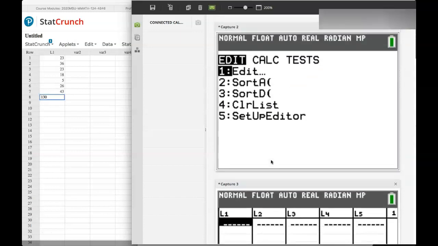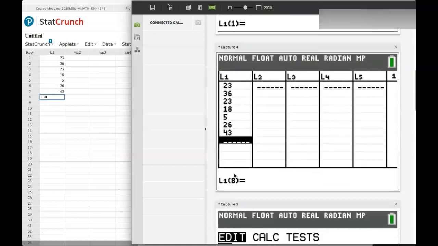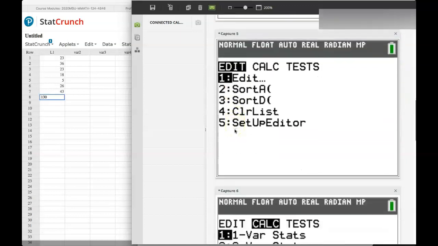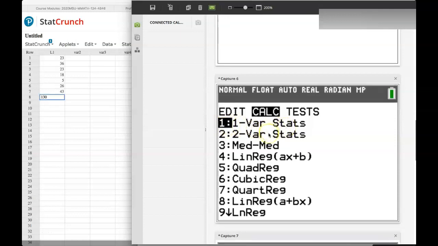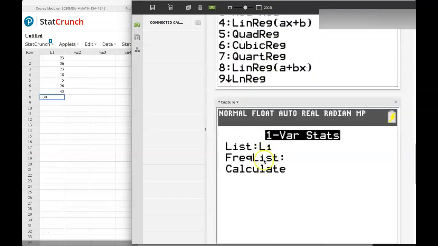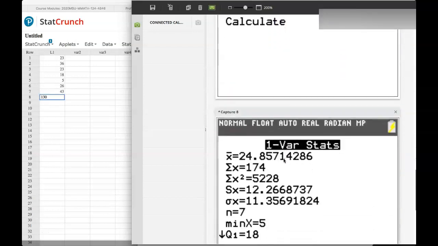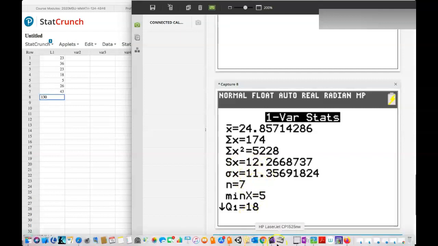Press that one, enter. You're gonna have L1, again enter. Then after that you'll be able to see your results.